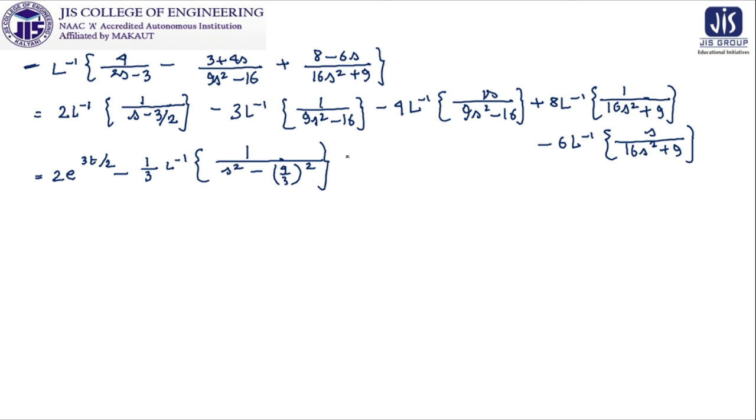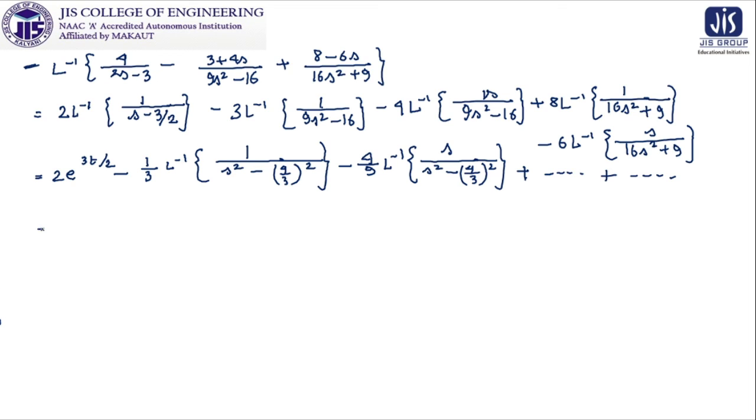In a similar manner, we can write the next line also, 4 by 9 Laplace inverse of s by s square minus 4 by 3 whole square, plus the adjustment with 8, plus the adjustment with 6 in the similar manner, just instead of minus, in the last two things we are going to get plus signs.